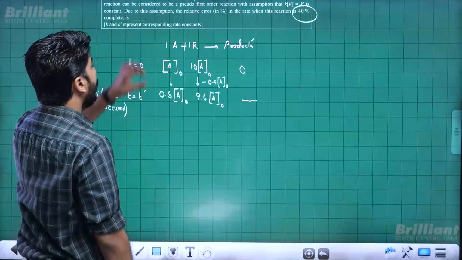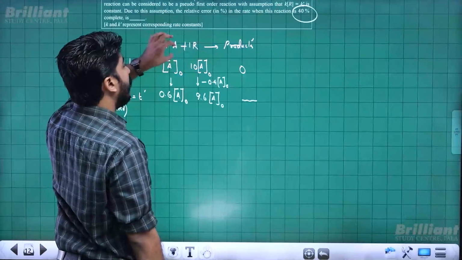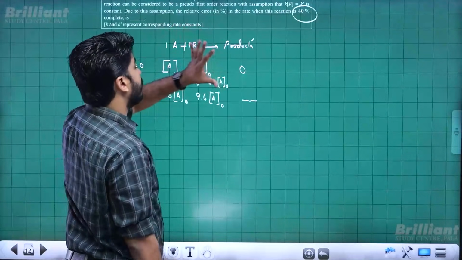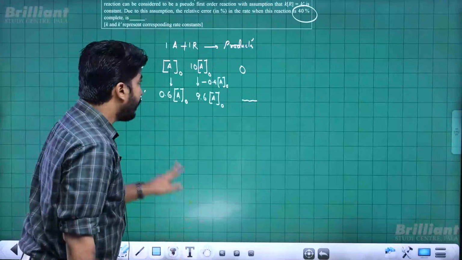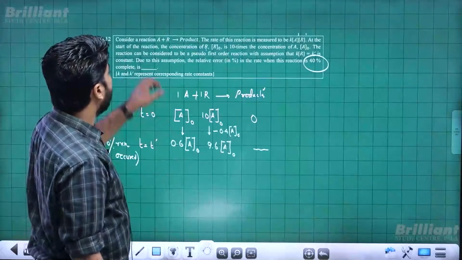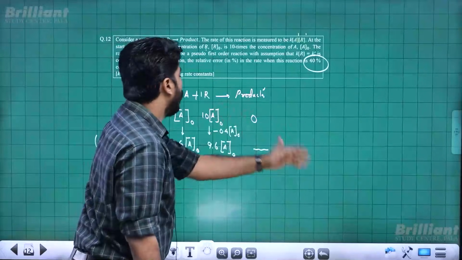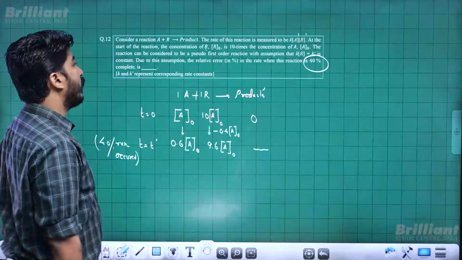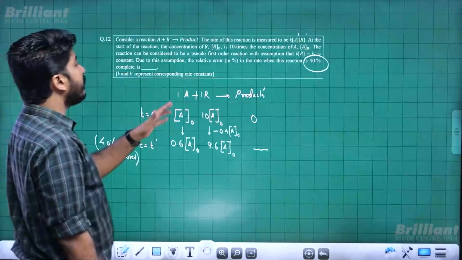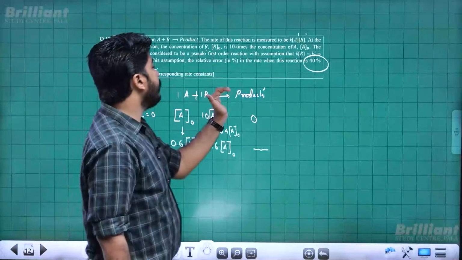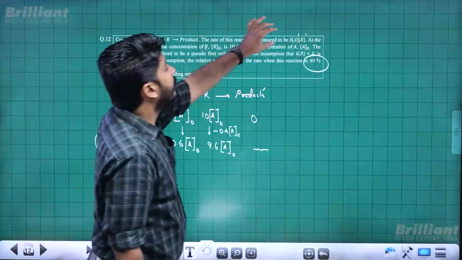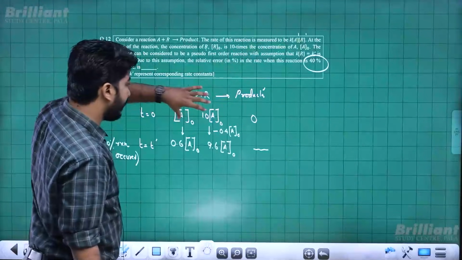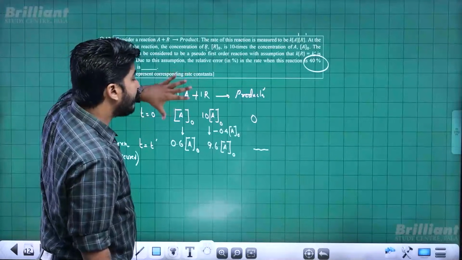Assuming all are in the same phase, all are in the solution phase or all are in the gas phase. That is why the clarity of products is not here. So we are not bothering about the product side. Also, to deal with the rate law, we don't have to have the information about the product, because this is talking about the rate of reaction for different concentrations of reactants.